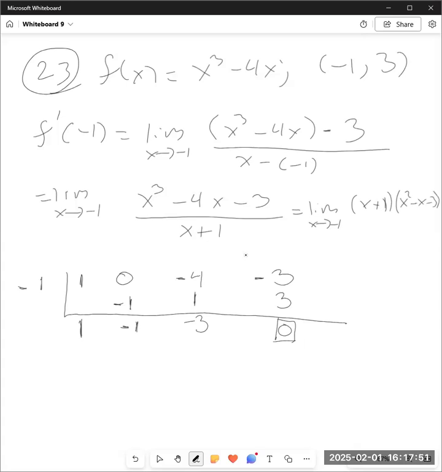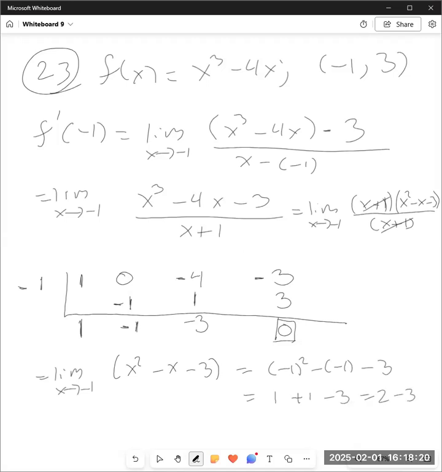Those are my coefficients, 1, -1, -3, over x plus 1. Those x plus 1s will cancel, leaving me with the limit as x approaches -1 of x squared minus x minus 3, which is -1 squared minus a -1 minus 3, which is 1 plus 1 minus 3, which is 2 minus 3, which is -1.